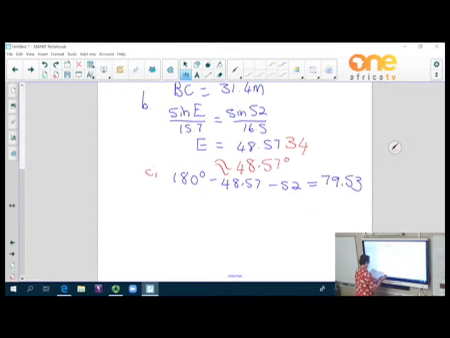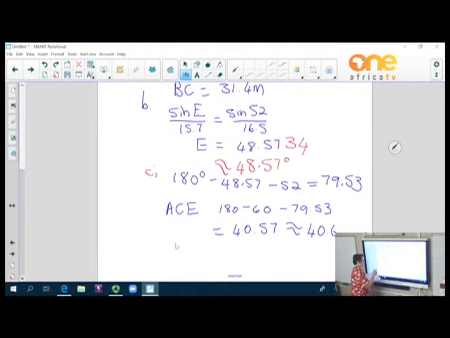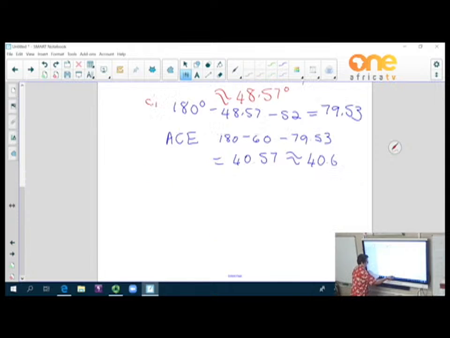Okay, and then we can say that in ACE, in this triangle, it is 180 minus 60 minus that 79.53. Remember they said it was a straight line, so that's why I just subtract them, and we get 40.57, which rounds off to 40.6.